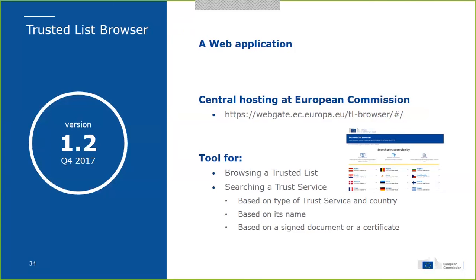So again, I think it's pretty clear for you as well: we only show what is present in a trusted list. There is no difference between the two. So we stress again today that this is a browsing tool of existing trusted lists. This is not a different tool that would collect information and reprocess it.